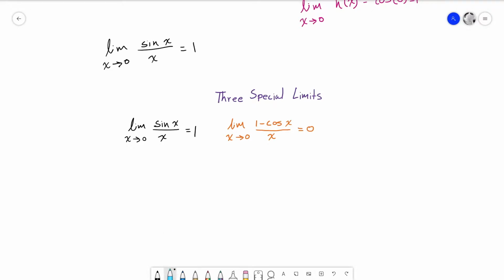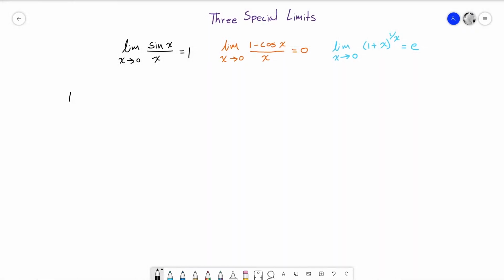And then the other one, which is probably the most special of the three, the limit as x approaches 0 of 1 plus x raised to 1 over x equals the number e. And this is how you're going to be seeing these limits.